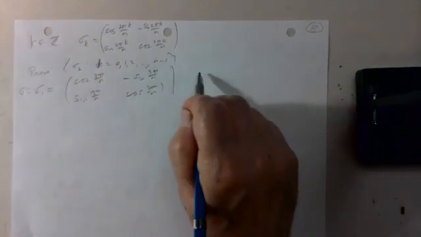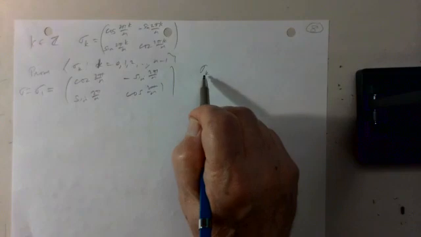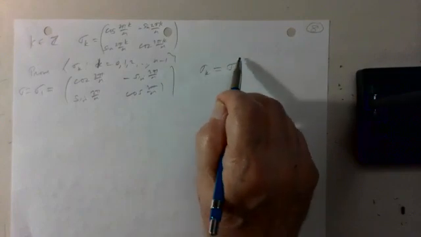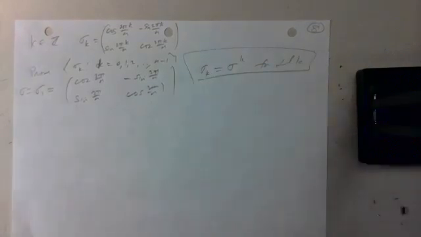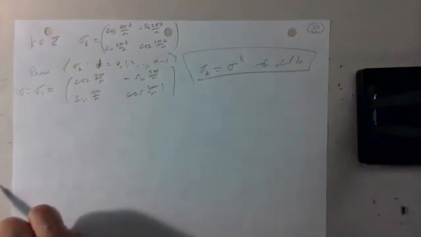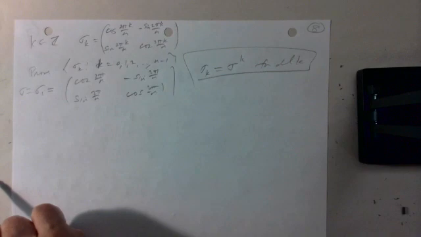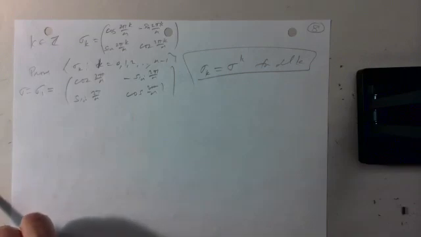So sigma sub k is sigma to the power k for all k, right? Actually, can we show that also? Yes. I'll show it in two ways, at least.